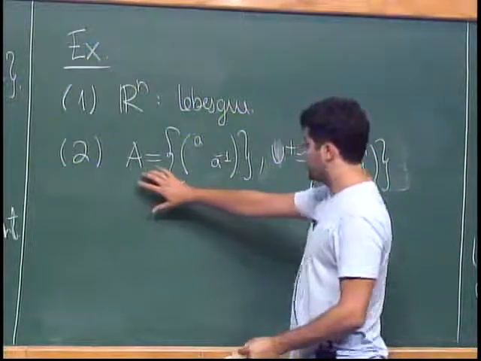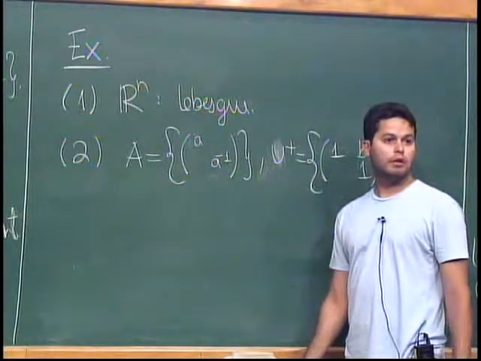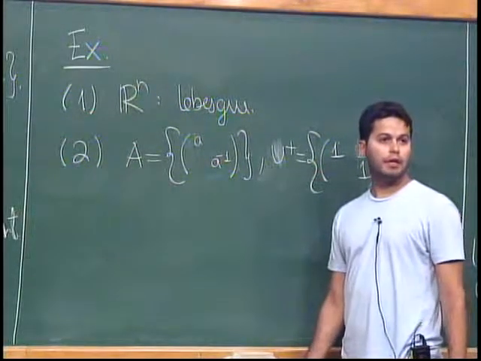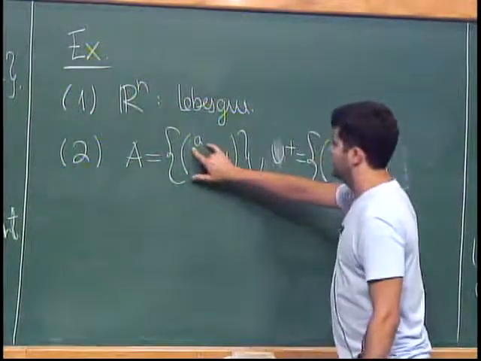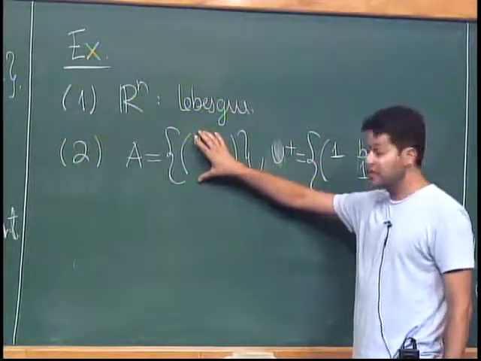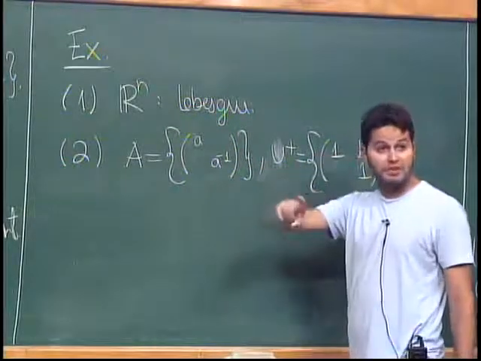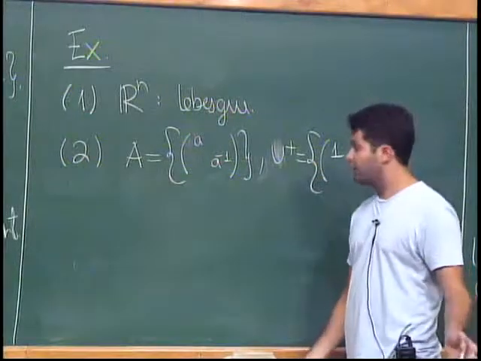So what is the Haar measure of A, for example, under this parametrization? You can consider sending this matrix to log of a. This gives you an isomorphism between A and the real numbers, and an isomorphism sends one Haar measure to the other.